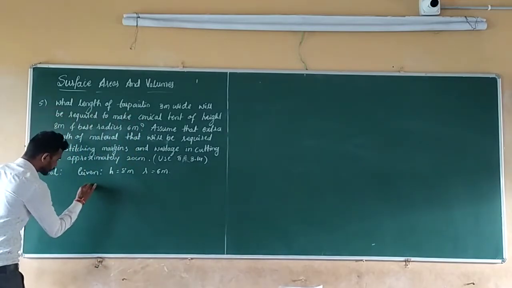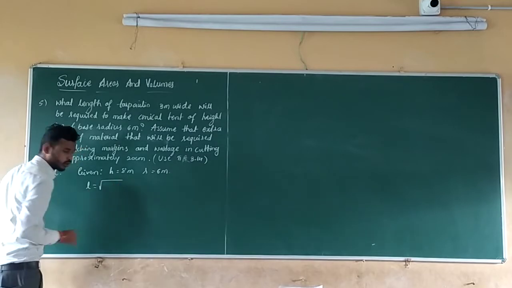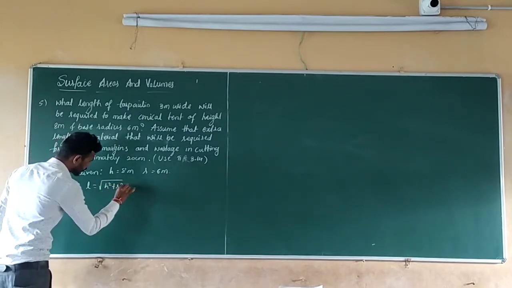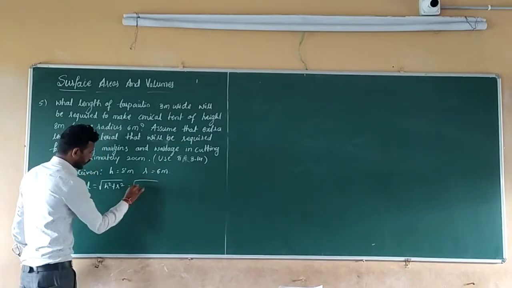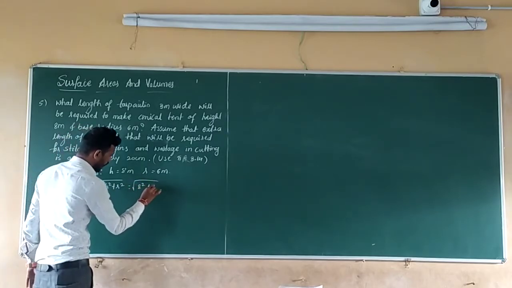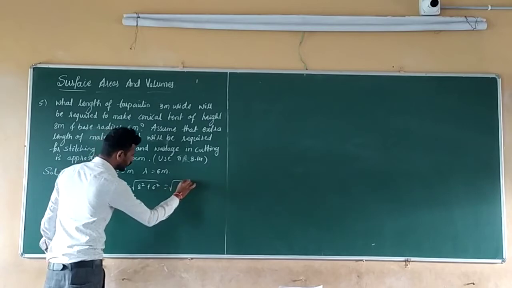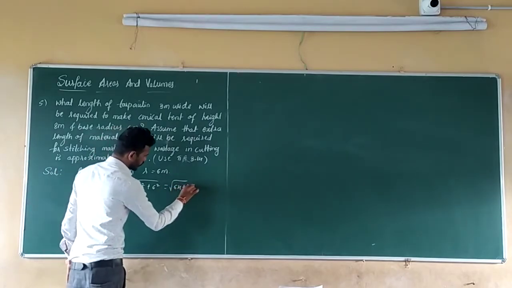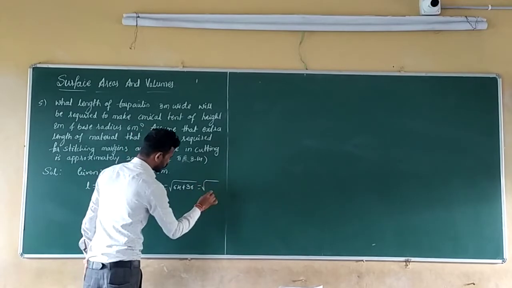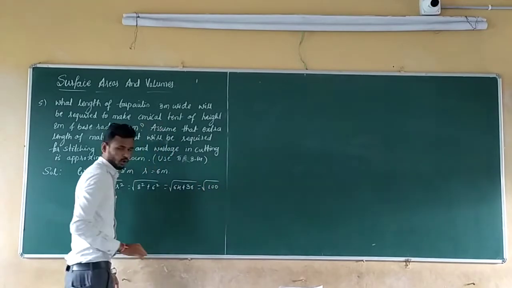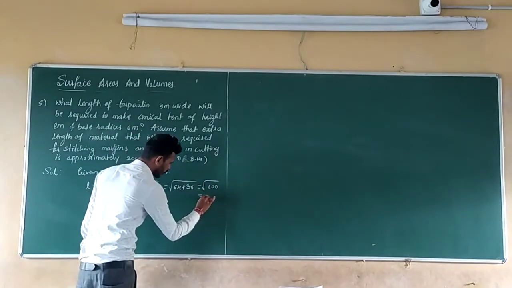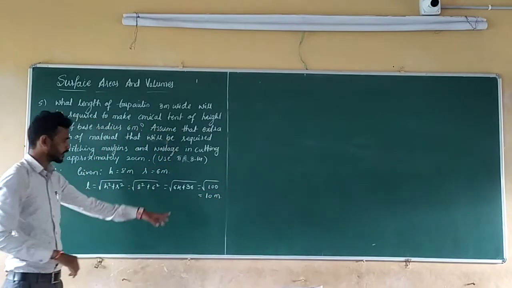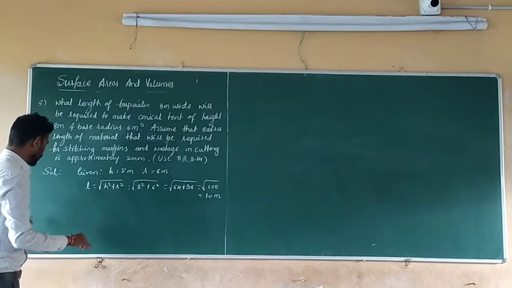Here L equals root of h square plus r square, so 8 square plus 6 square. 8 square is 64 plus 6 square 36, which equals 64 plus 36, 100. So the square root of 100 is 10 meter. So the slant height is 10 meter.